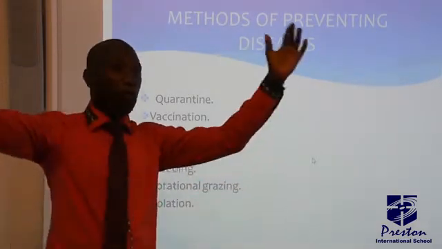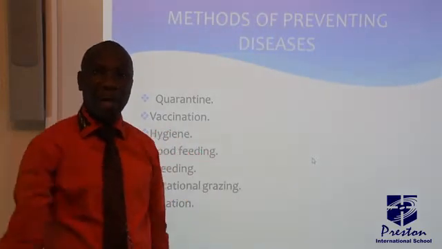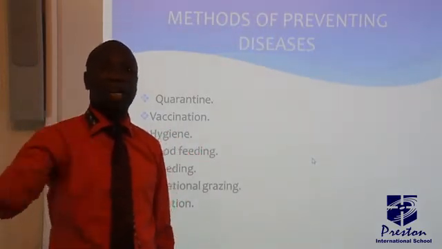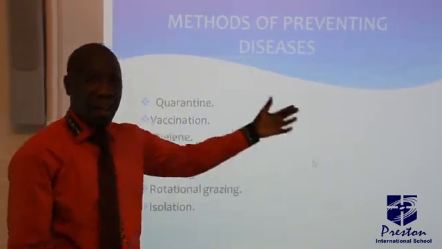Thank God, with what is happening now under the pandemic, everybody is talking about isolation. So from there, you have a perfect knowledge of what to call isolation. You isolate the animal if it's having a particular disease so that you will not allow that disease to spread to other animals.